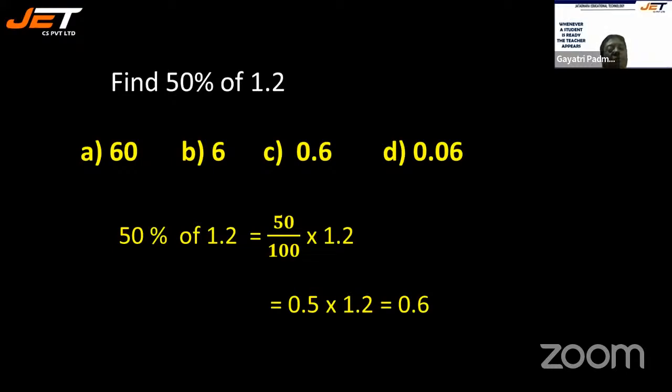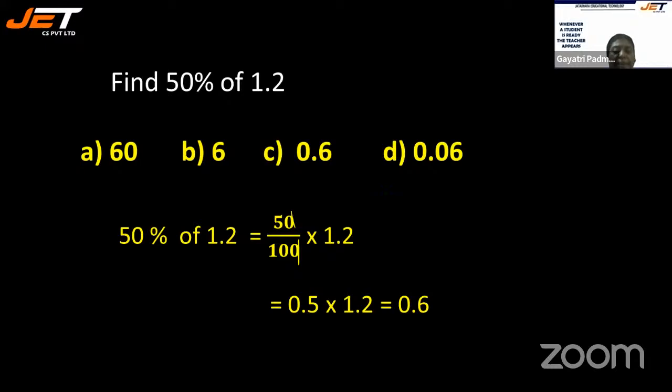What is 50% of 1.2? As I have already told you, 50% is 50 by 100 into 1.2. So 50% is nothing but 0.5, isn't it? How 0.5? Let me explain it to you. The 0, 0 gets cancelled.